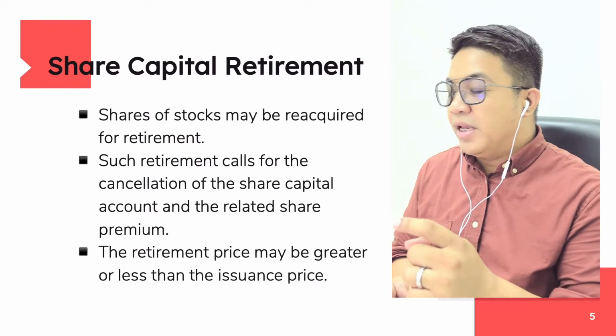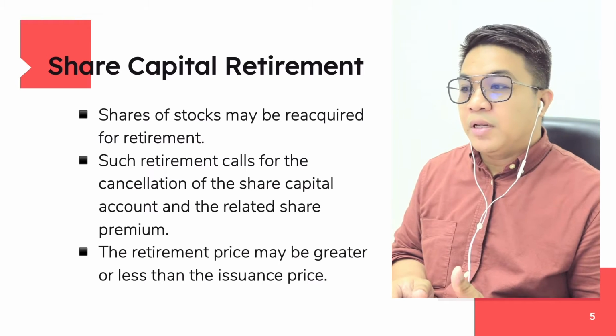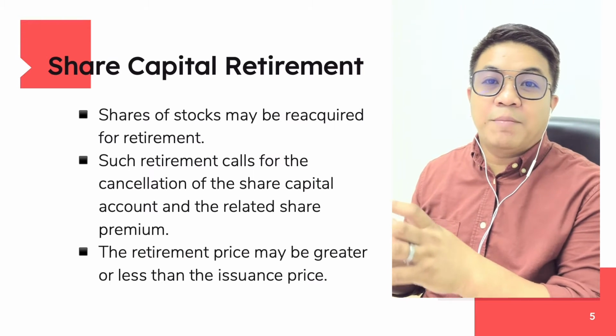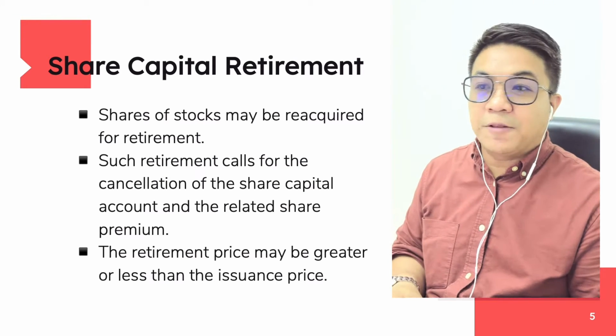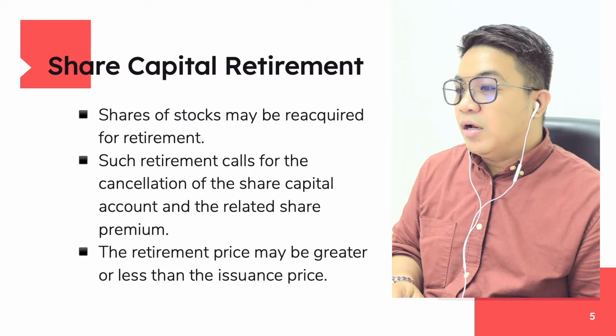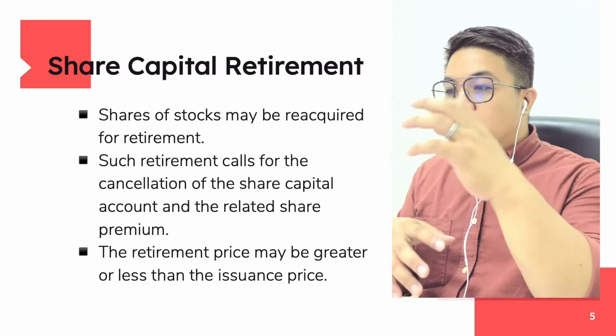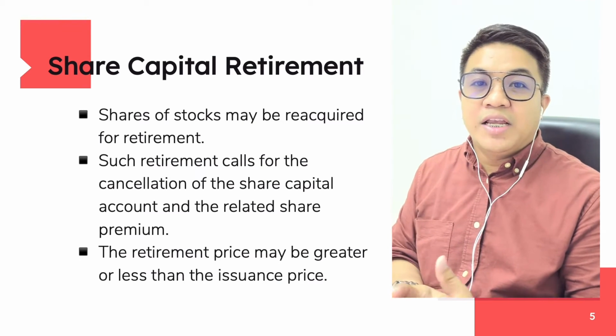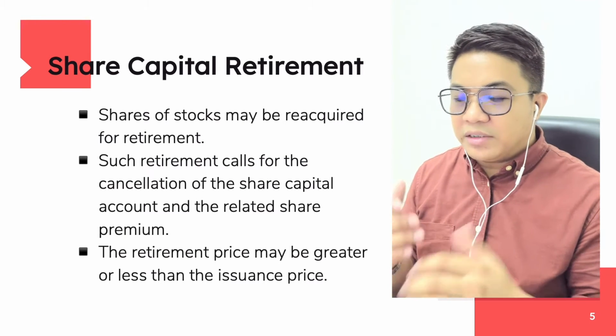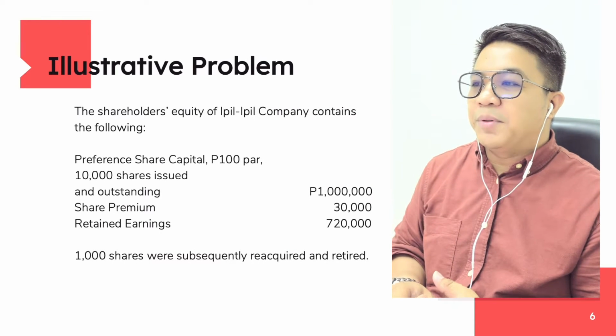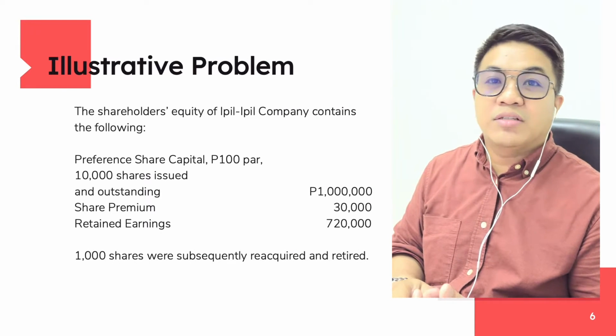Meaning you just debit the share capital and share premium related to that share. Also, the retirement price is either greater or less than the issuance price. So, to appreciate this topic better, let's have this short illustrative problem.